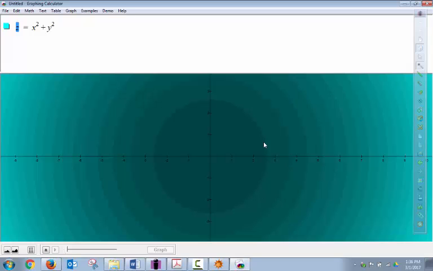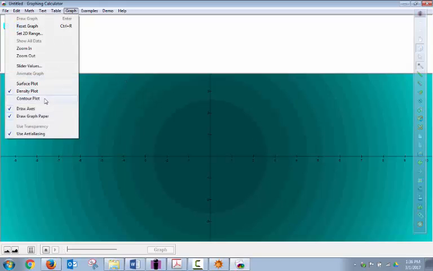We can think about that as a temperature map: the temperature in the middle is colder, and as you get away from the middle, it gets warmer and warmer. So maybe there's a cold source in the middle keeping it cold, and it gets warmer as you get away from the middle. So there are these contours and density plots that use color or just lines to describe your shape.